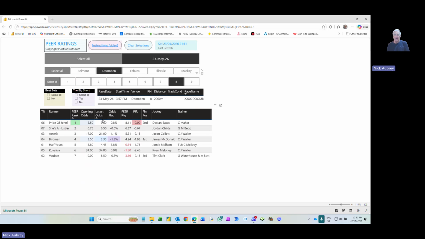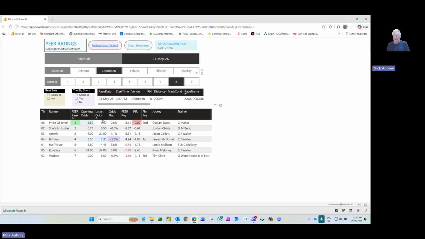The next is a very interesting field called the odds flux. It's updated in real time on race day for the current race, and for the race day it's updated about every 15 minutes. It is calculated not just by the ratio of the opening and latest odds, but it's converted to what's called the hyperbolic mean.